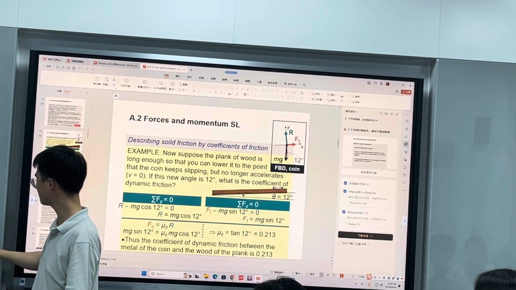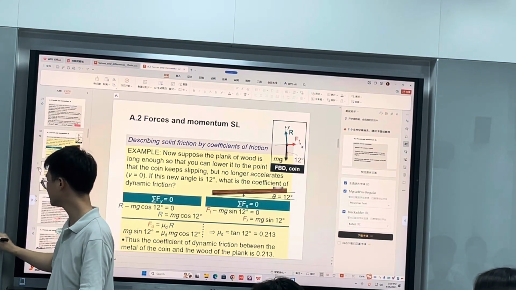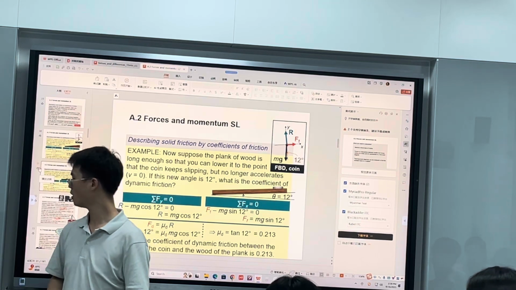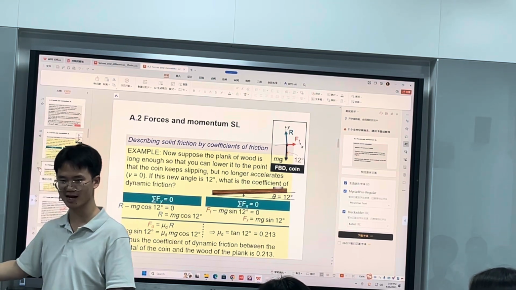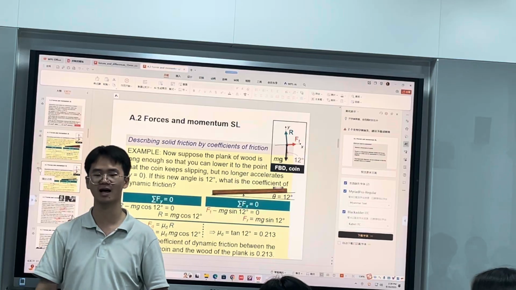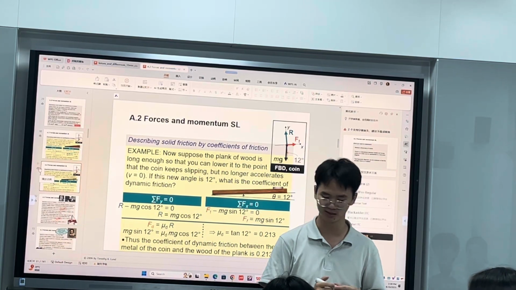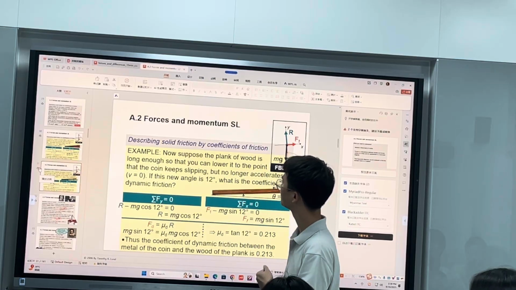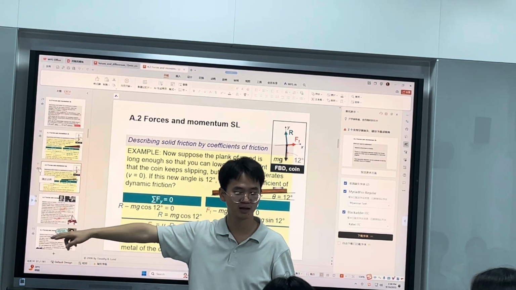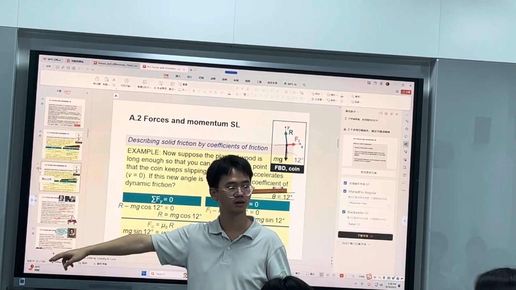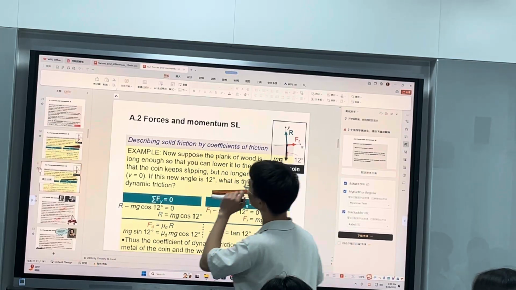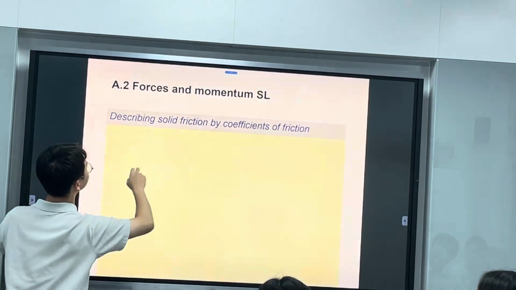It equals the coefficient of static friction times normal force. If it's not the max, just static friction, then it's smaller than or equal to the coefficient of static friction times normal force. We covered those two equations, right? Yes. Okay, good. So let's start from here.